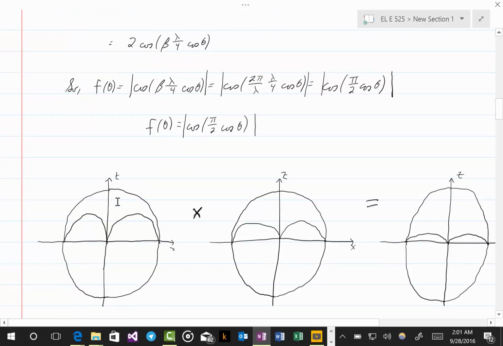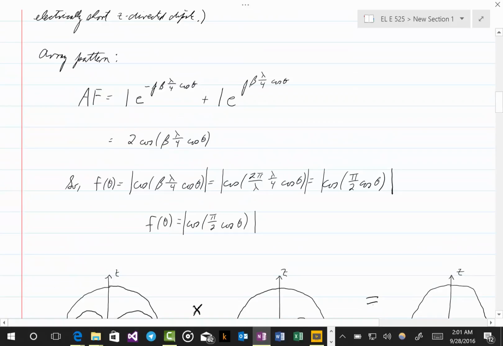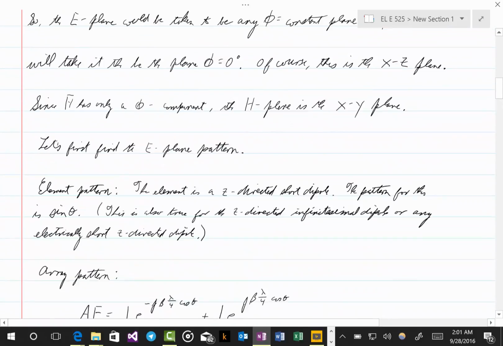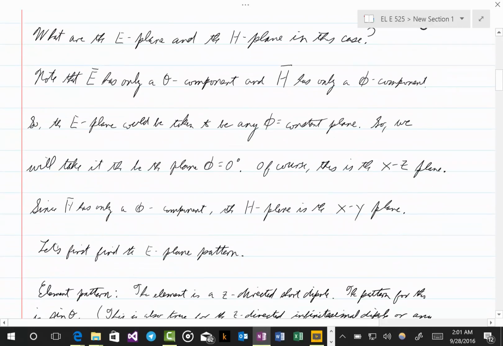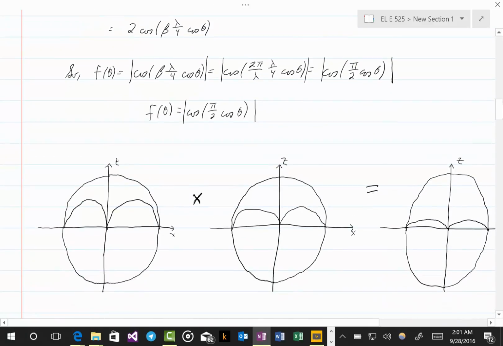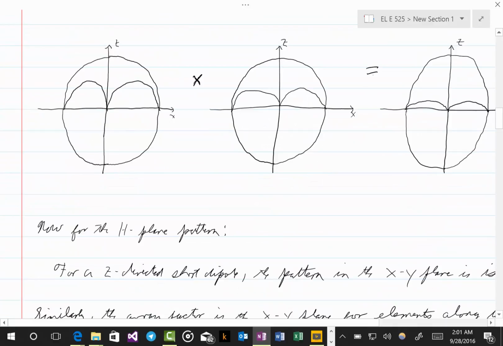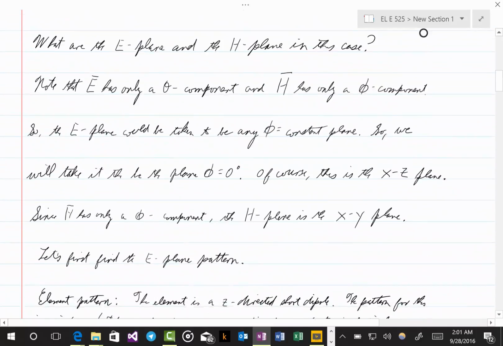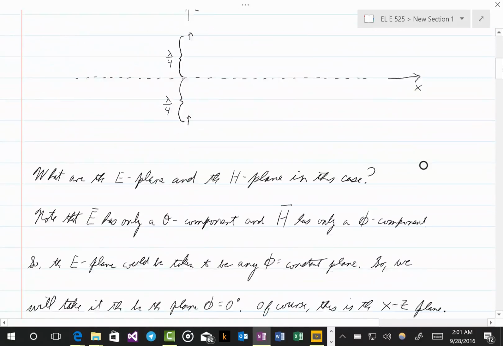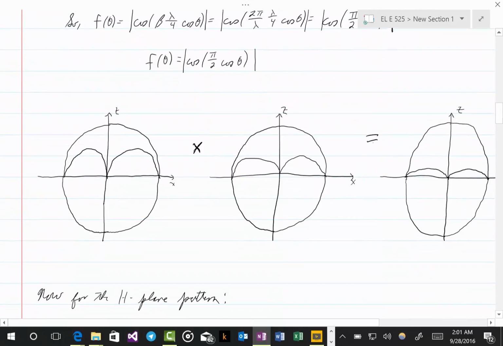This first plot represents the element pattern, sine theta. Yes, sorry for the delay there.